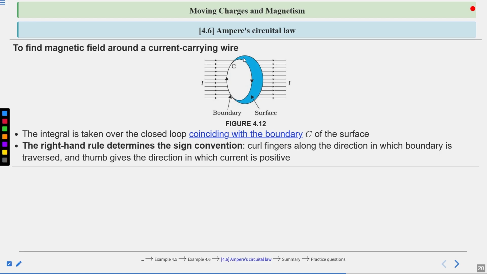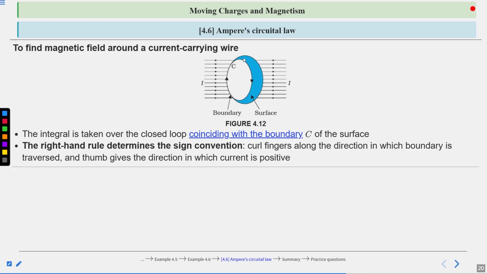Then the thumb gives the direction in which the current is flowing, that means the direction in which the current is positive. So you have to curl your fingers in the direction in which the boundary is traversed. Traversed means traveled.